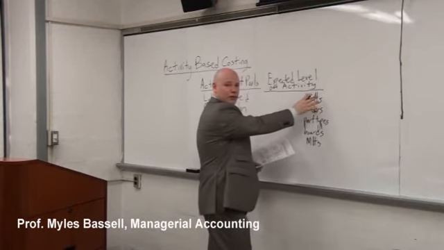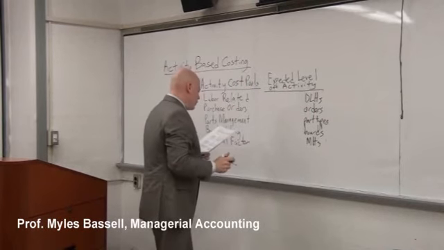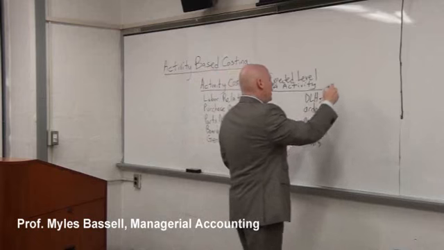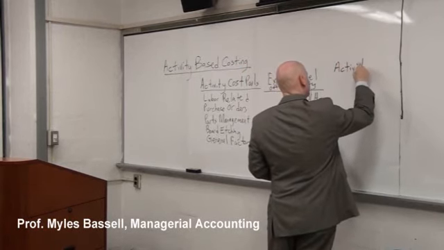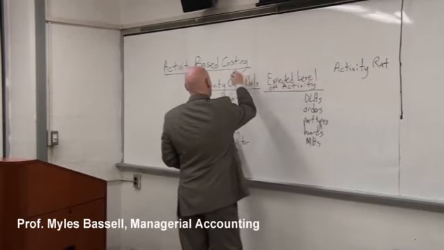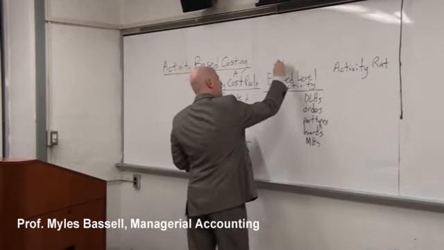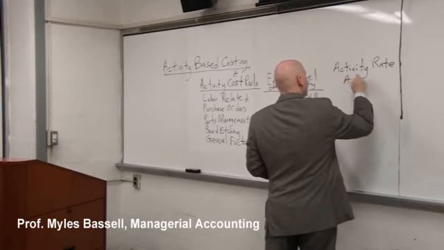So here we're looking at direct labor hours, here we're looking at machine hours. And then we're going to find out what the activity rate is. So let's say this is A, this is B, and this is A divided by B.